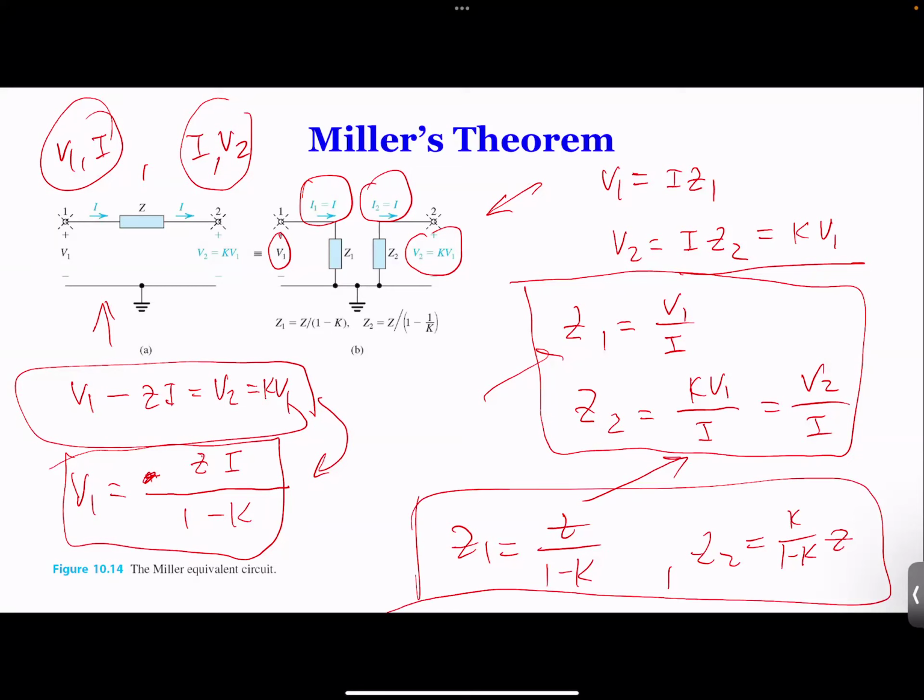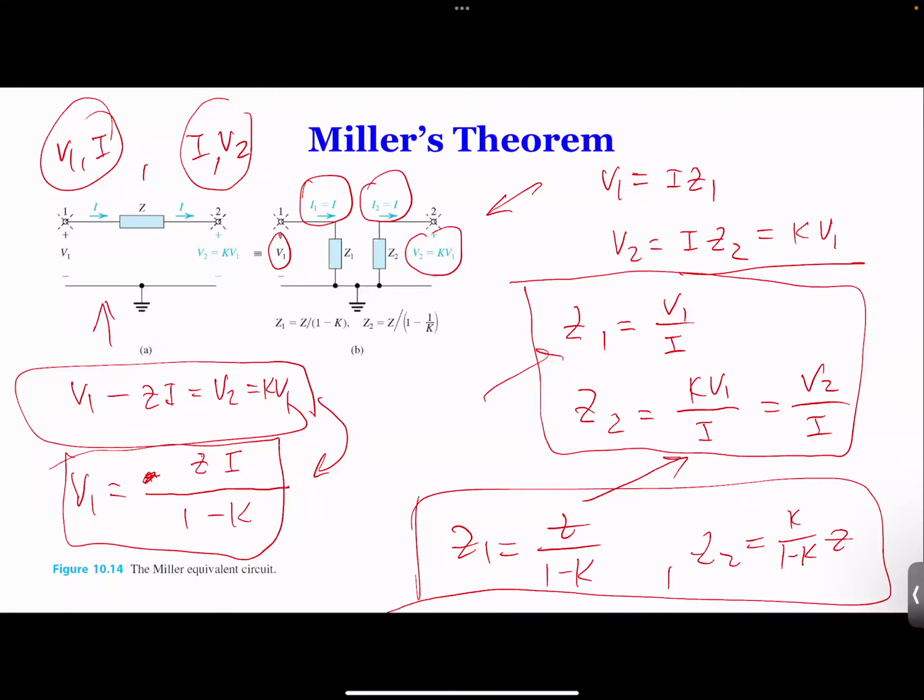This is a very useful expression in the future. If you know the relation between V1 and V2, this K, and you know Z, you can basically separate the impedance using this. Whether you have input voltage, current, or output, this makes it very simple.